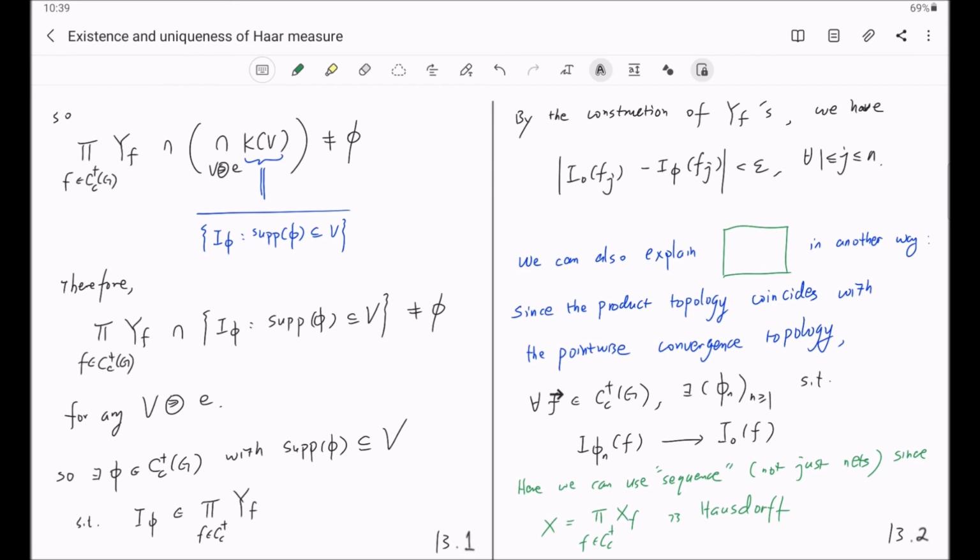Because here we're just taking one function in Cc plus of G. But in the argument above, we are taking n many f's. Those n many Fj's are arbitrarily chosen. So this is really a special case.